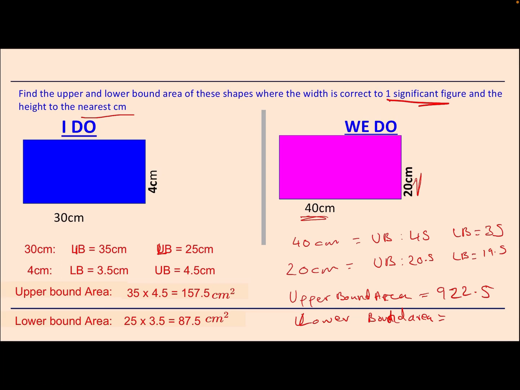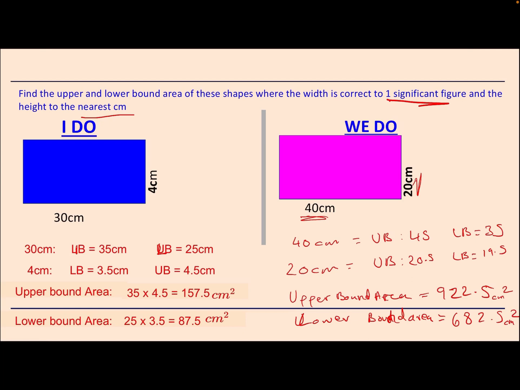Okay, so it's going to be the 35 length multiplied by 19.5. Okay, and that's going to give you the answer of 682.5. So all of these we need to have the units on.